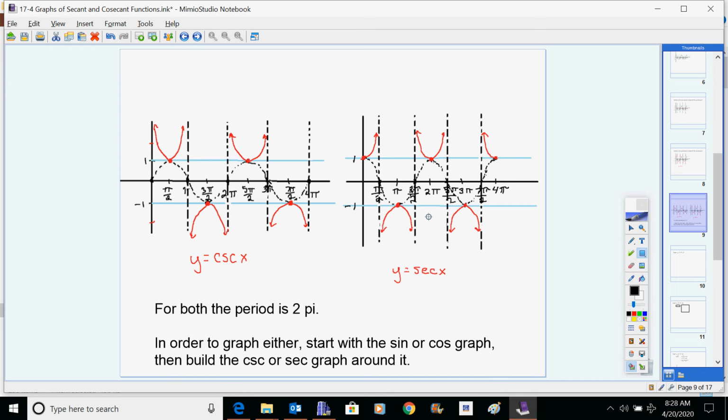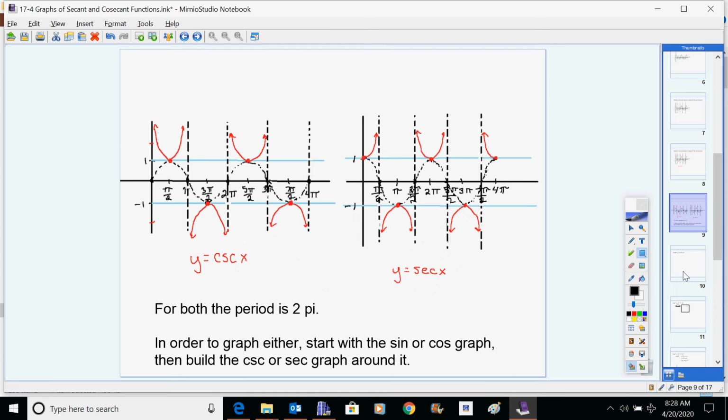The ones that do not have those numbers would be tangent and cotangent. Remember, tangent goes from negative pi over 2 to pi over 2. And cotangent goes from 0 to pi for their one complete cycle because they're very different. But sine, once again, is related to cosecant, and cosine is related to secant.